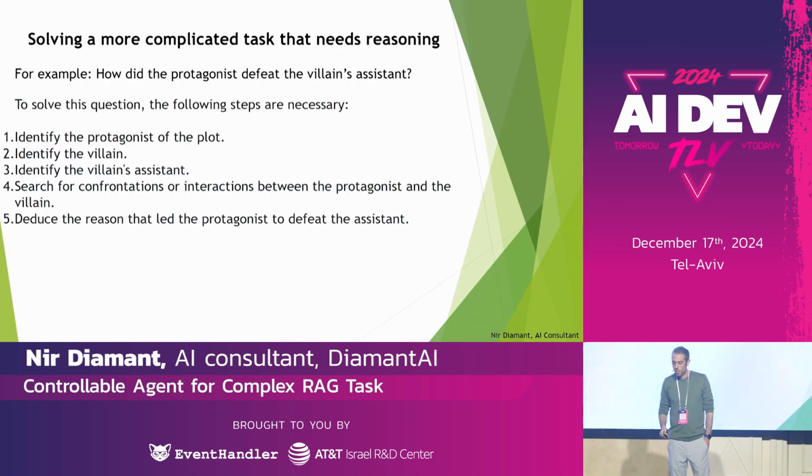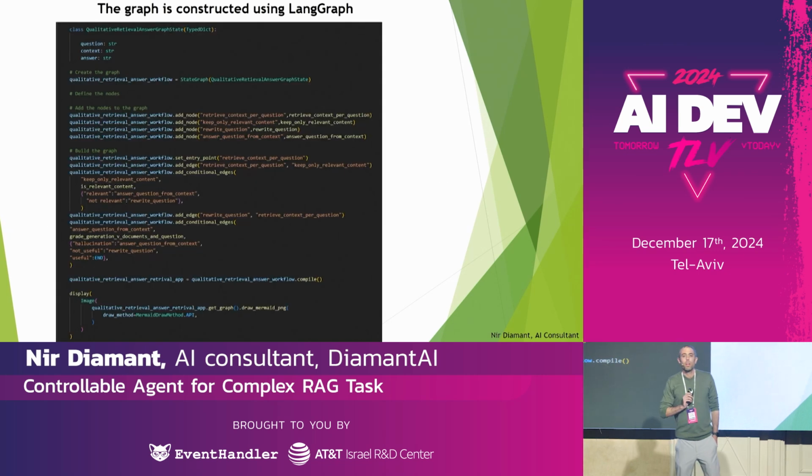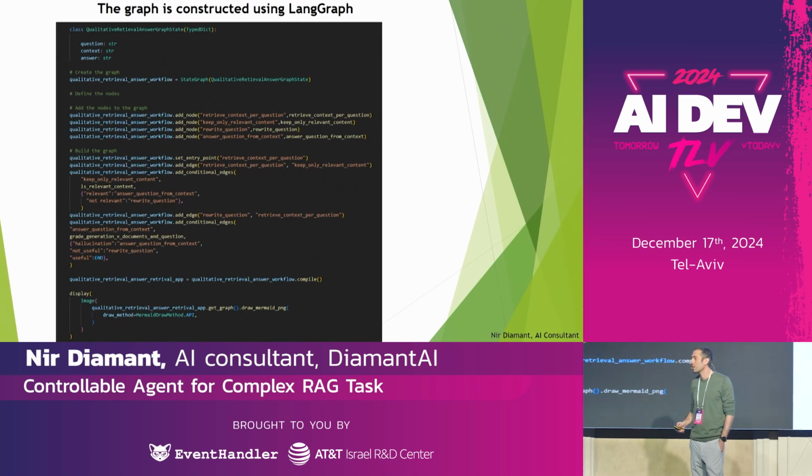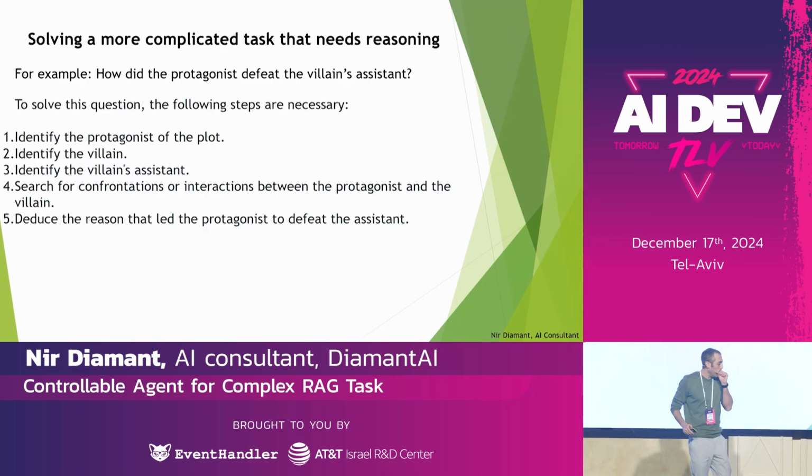We could have finished this lecture at this point, but I want to tackle more sophisticated and complex questions. For example, if we have the question, how did the protagonist defeat the villain's assistant? This is a very non-trivial question for anyone who hasn't read the book, right?